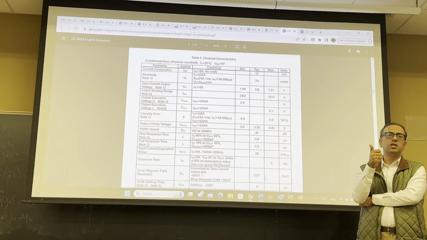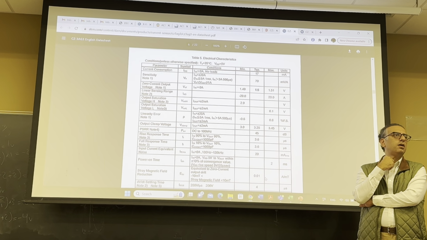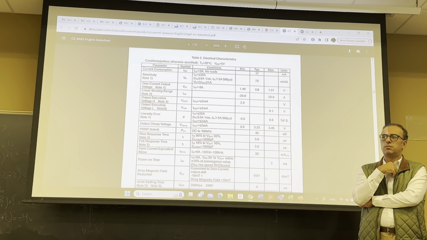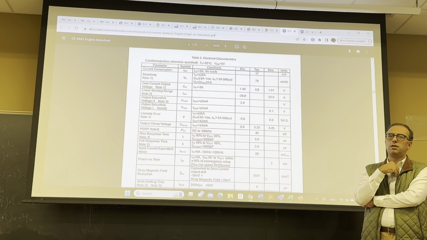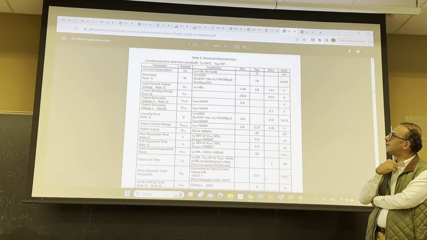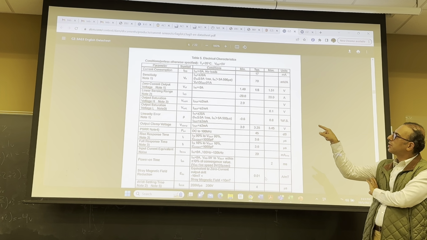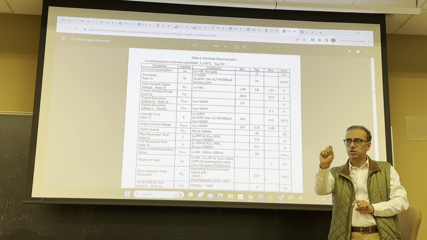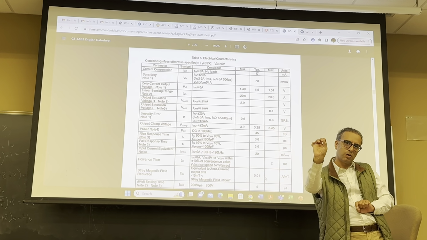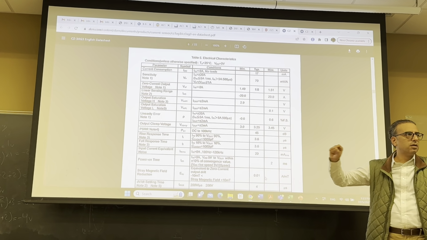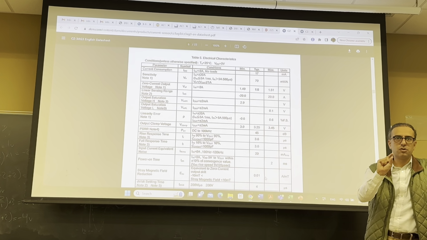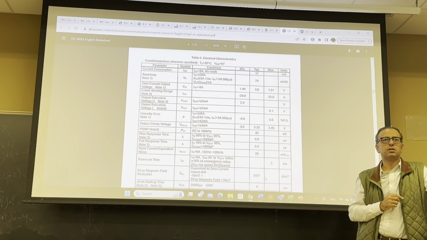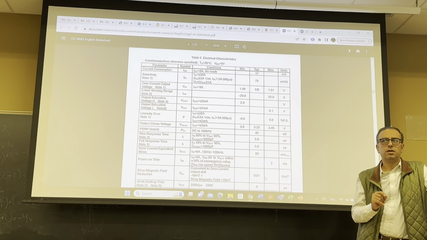If the output is 0, what's the actual current? Zero. So if in your circuit there is no current, the output voltage would be 1.5. At 0, the output of this sensor, this transducer, is 1.5 volts.